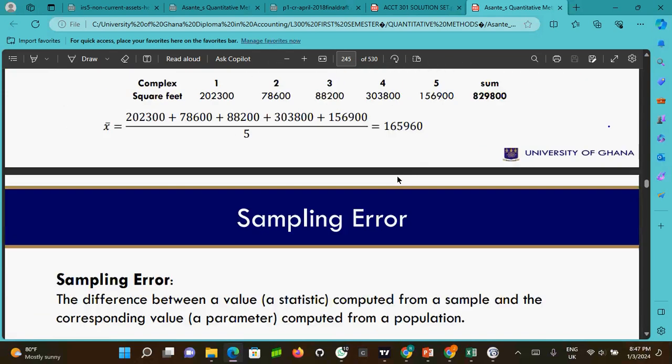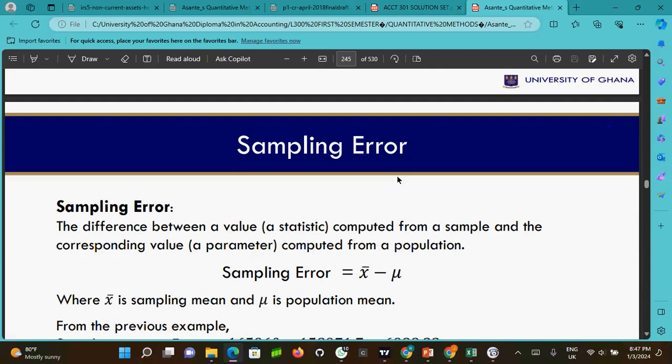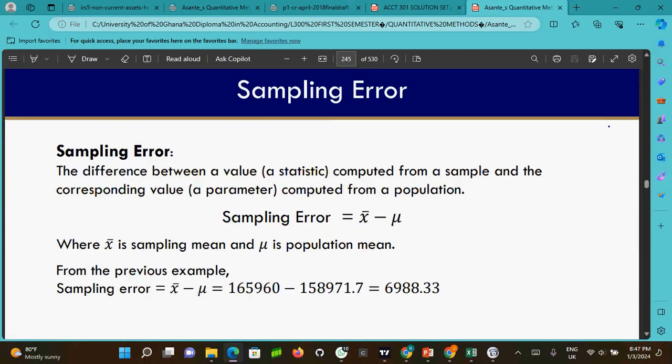So let's continue then. Sampling error is the difference between the sample mean and the population mean. That's basically what it means, and they've placed it in plain English here.